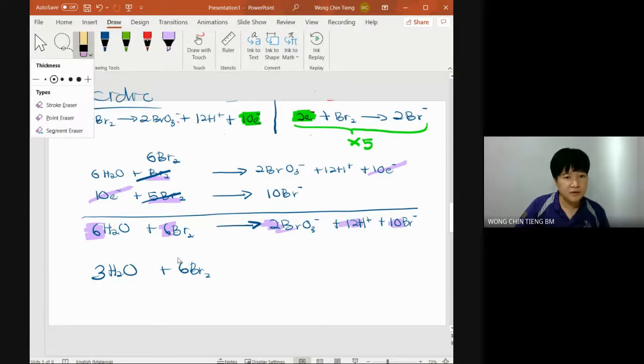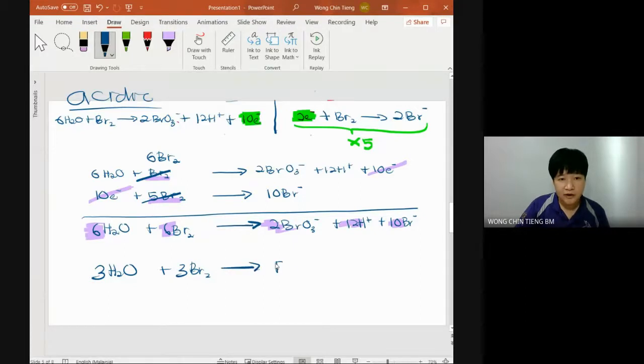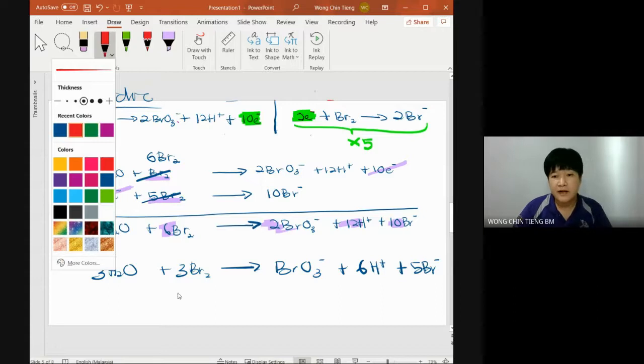Alright. And then over here you have divide by 2, so ada BrO3 minus, and then ada 6H plus, and then ada 5Br minus. Okay, ni baru akan jadi jawapan akhir, dan yang lebih tepat, like I said, fasa.